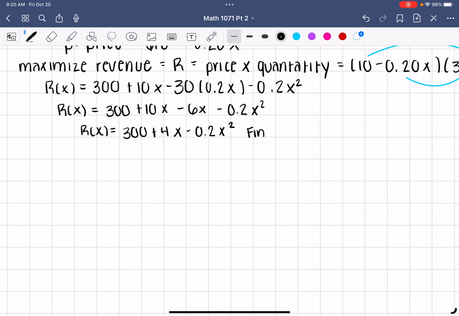And so we're supposed to maximize, let's check concavity. Check that this is a max. R double prime would be just negative 0.4, which is negative, which is concave down. So remember, if you have a concave down, you have a max.